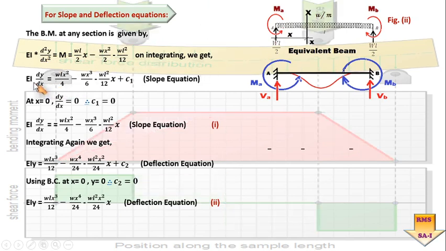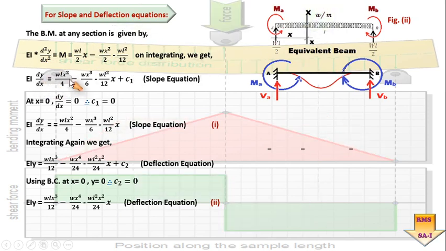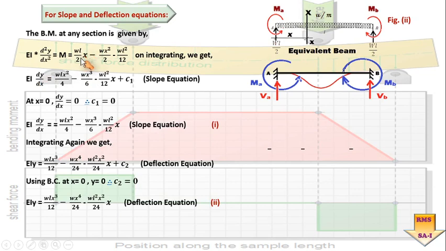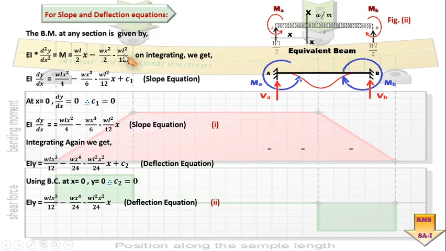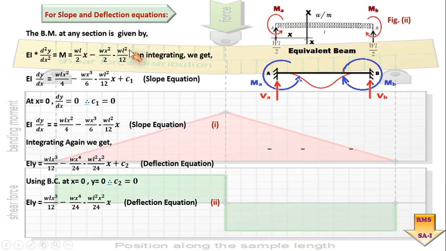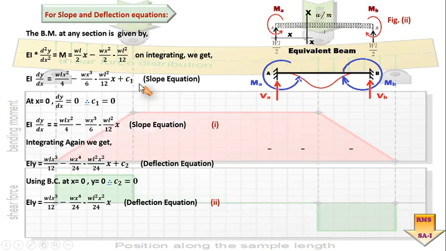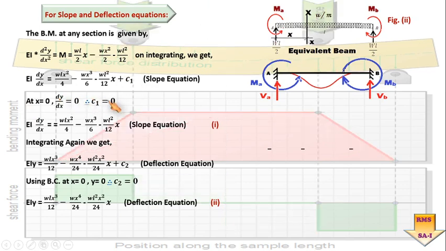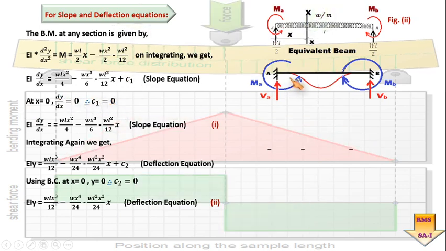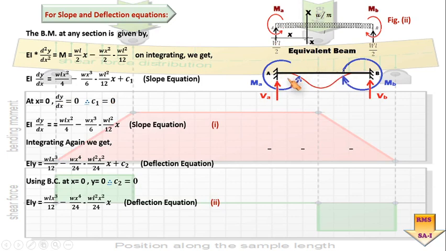On integrating, we are getting EI dy by dx is equal to WL x square by 4 minus W x cube by 6 minus W L square x by 12 plus C1. So as usual, to find out the value of C1, we will be having the boundary condition from this basic figure.